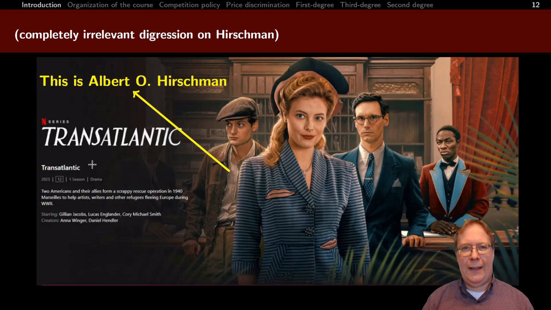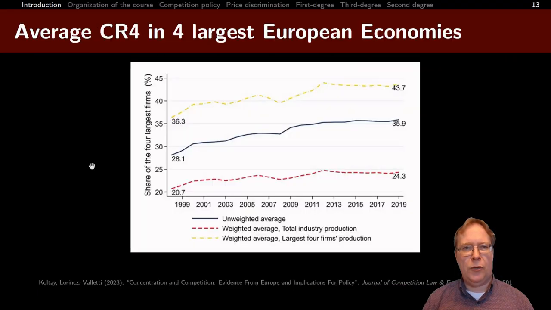Anyway, back to competition and back to market concentration. So I already gave you two measures of market concentration. So here we have the CR4, one of the measures that I mentioned. This is the CR4 in the four largest European economies. Here are different ways of measuring that.